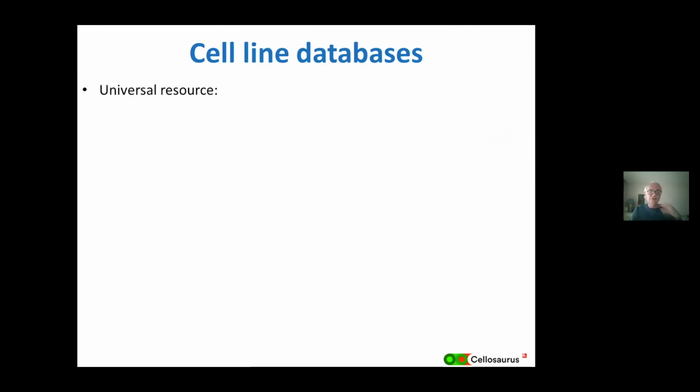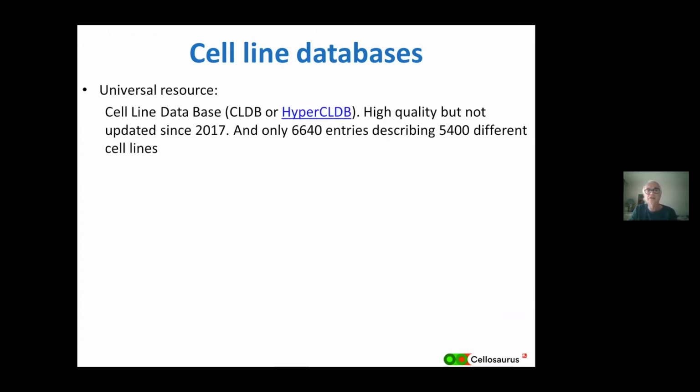Now, let's go to what exists in terms of real databases for cell lines. To my knowledge, and I've looked for a long, long time, there is only one universal database like Cellosaurus. It's the Cell Line Database, CLDB, which was developed in Genova, Italy, under the auspices of Barbara Parodi. It was really a great effort.